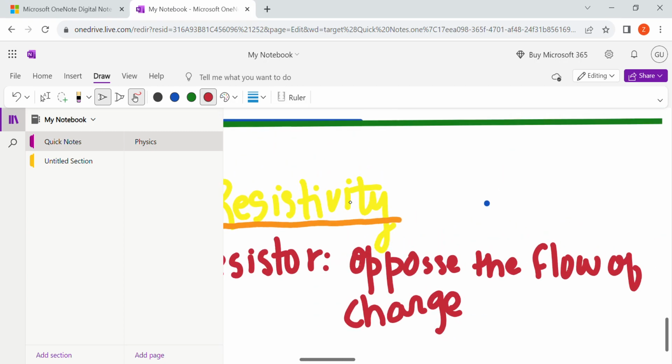Now we are moving towards resistivity. We will look into Ohm's law as well in our upcoming videos. Please don't skip that. Alright?